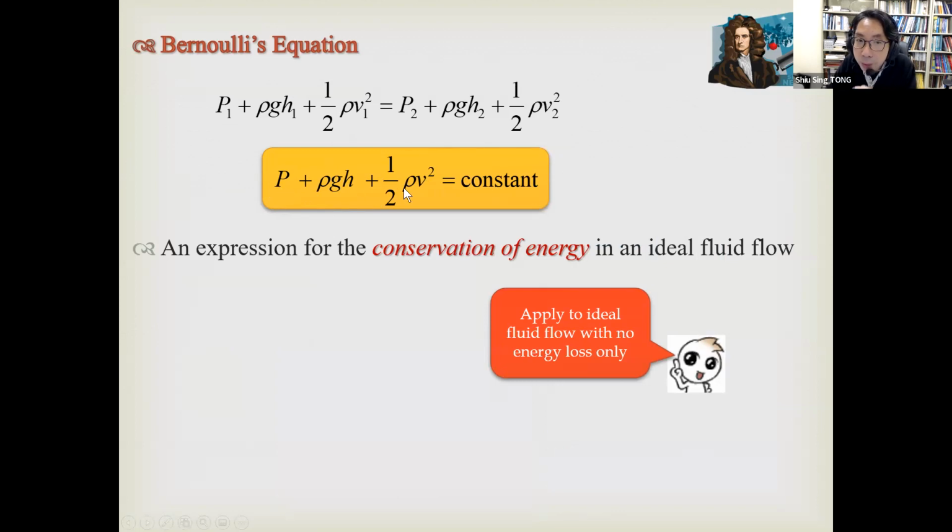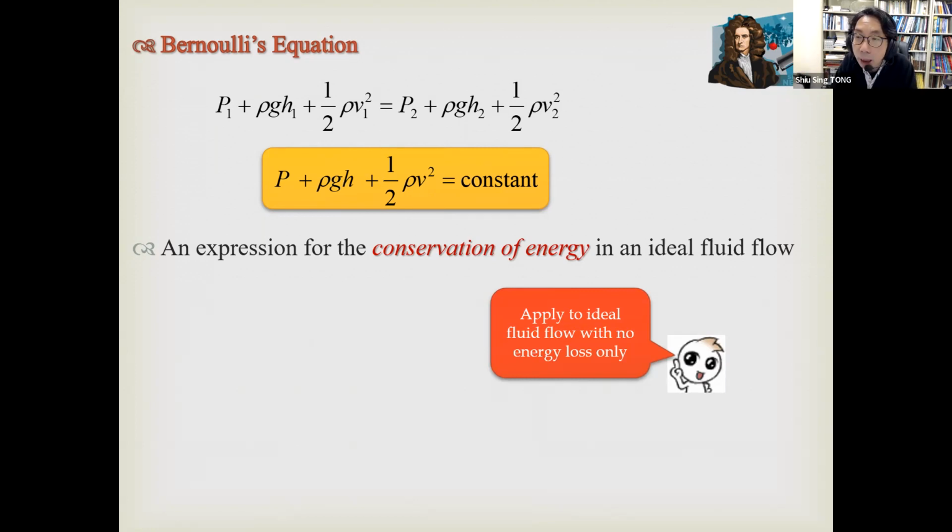If P plus half rho V squared is a constant, neglecting the change in height, which is very small in this case, then if V increases, P will get smaller. If V decreases, P will increase. So the two quantities increase or decrease in opposite ways. When one quantity increases, the other will decrease, and vice versa.